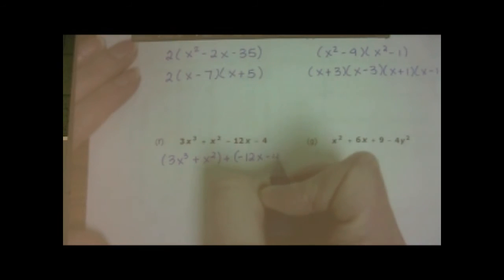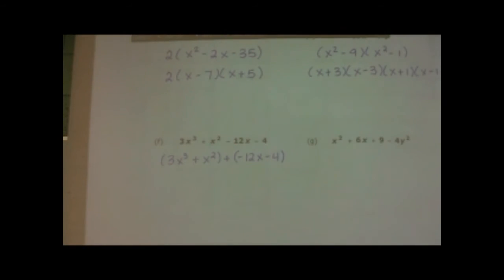So let's make our groups. We're going to start with 3x to the 3rd plus x squared. Put a plus, put that negative in front of the 12x in the parentheses. All right, from our first group, let's factor out the greatest common factor, which is x squared.